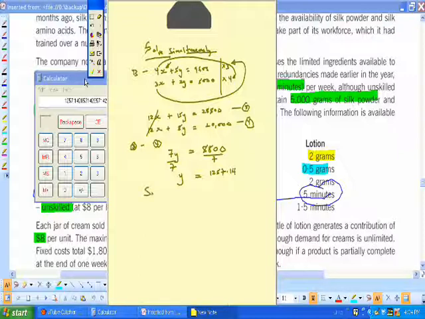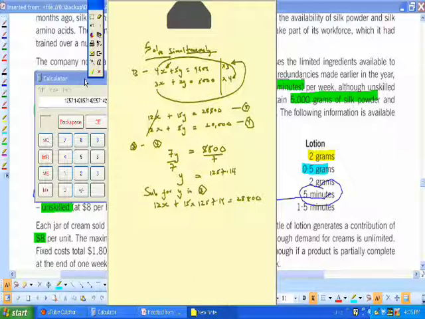So I substitute for y in equation 3. Substituting for y in equation 3 gives you 12x plus 15 times 1257.14 is equal to 28,800.